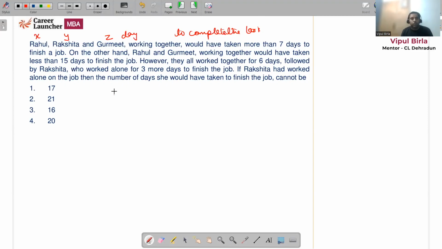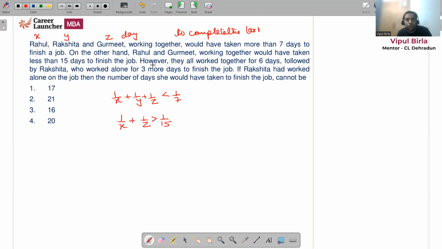Therefore, 1 by X plus 1 by Y plus 1 by Z, their one day's work, is less than 1 by 7. On the other hand, Rahul and Gurmeet working together would have taken less than 15 days, so every day they are doing more than 1 by 15th of the work. That means 1 by X plus 1 by Z is greater than 1 by 15.